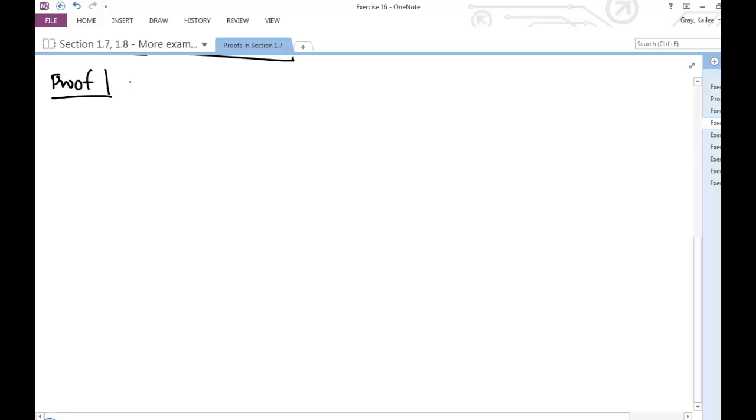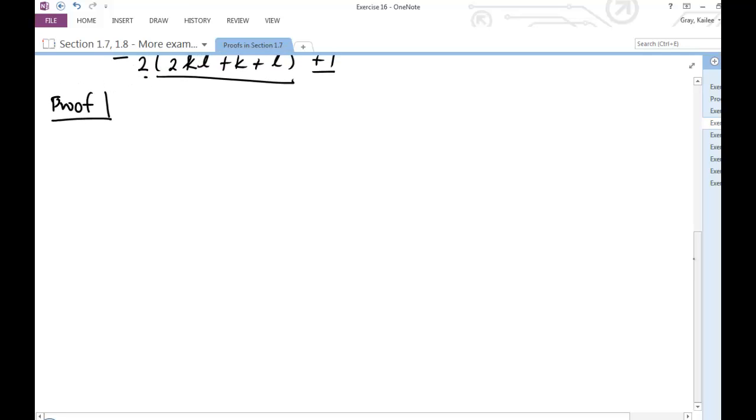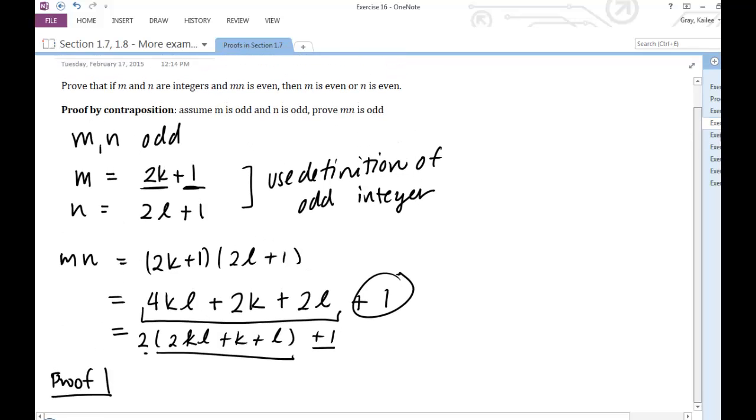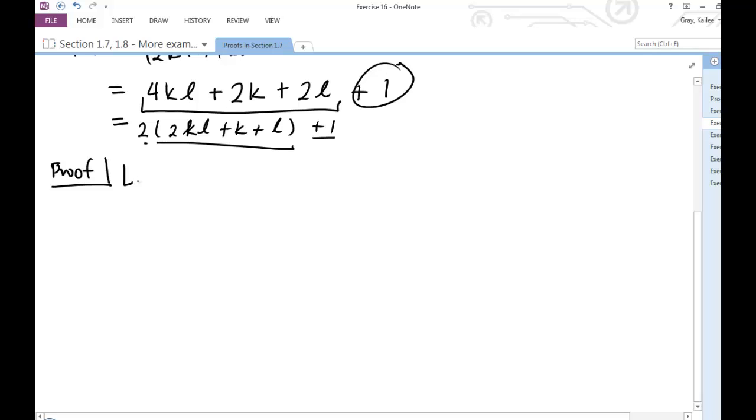So let's start by declaring our variables, right? It doesn't always flow perfectly the first time. So we're going to start with just letting m and n be integers. Let m, n be integers.